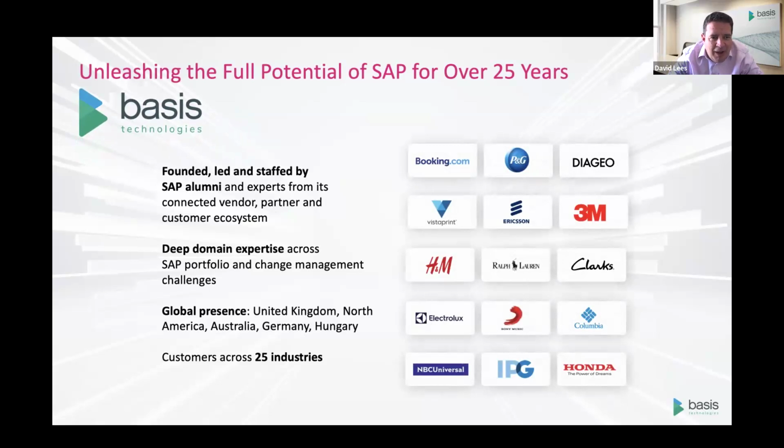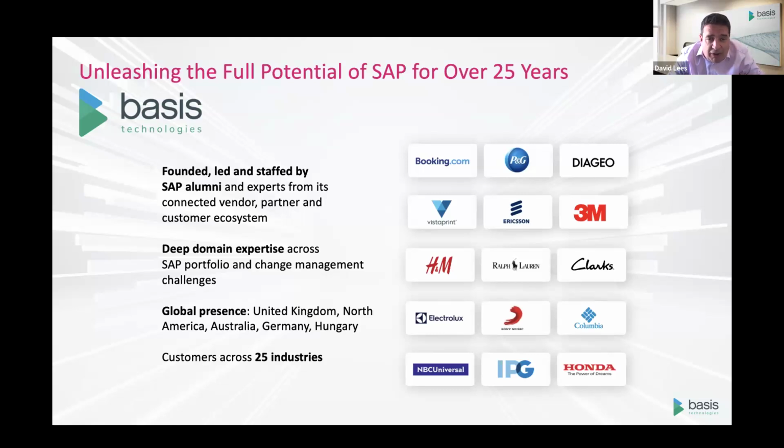So like Martin referred to earlier, we've been in the SAP change and release automation space for over 25 years as a company. We have been founded and staffed and have a large number of former SAP alumni, as well as other customers like myself coming from Procter & Gamble.